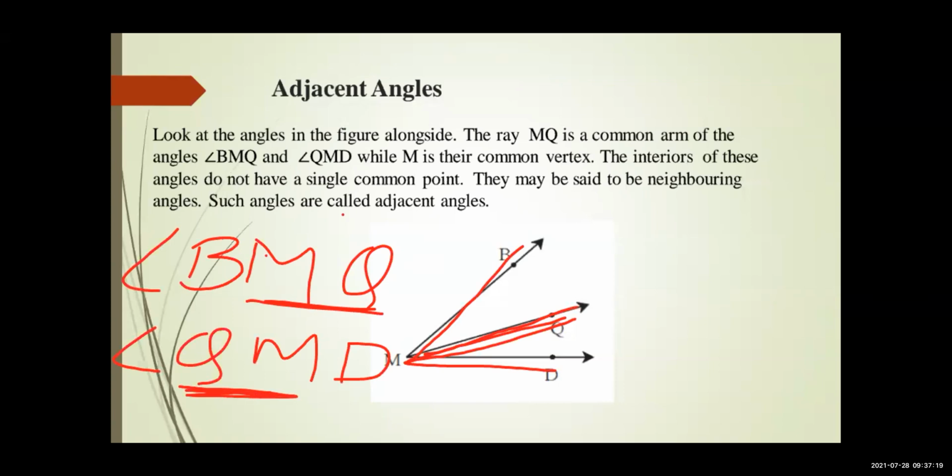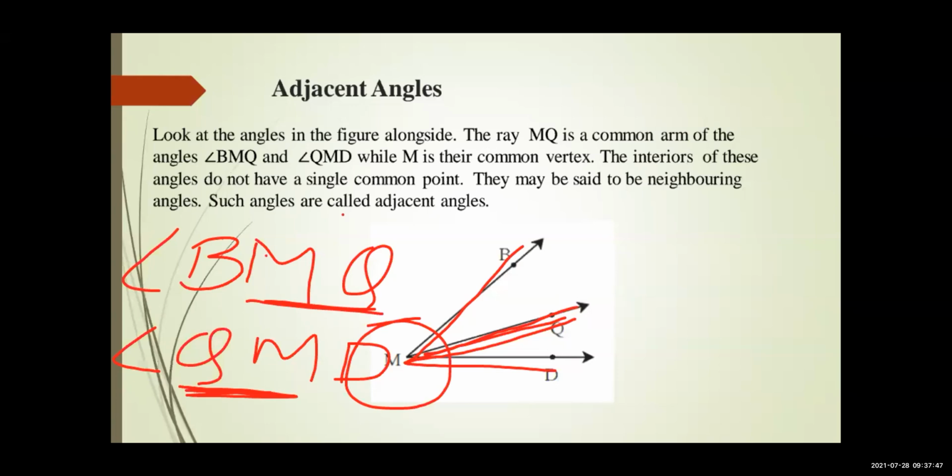So here the two angles have a common arm, while M is their common vertex. Vertex is also common, there is one vertex in both angles. M is our common vertex, and the interior of these angles does not have a single common point.